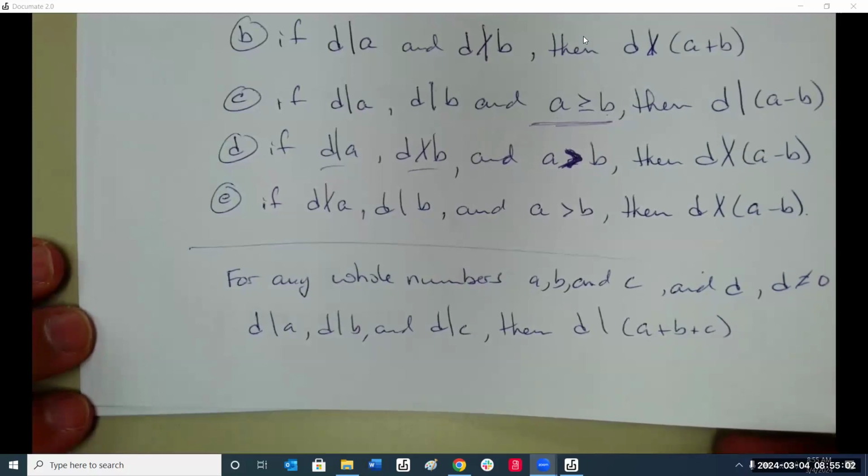All right, let's look at example 2. Where's example 2? There it is.